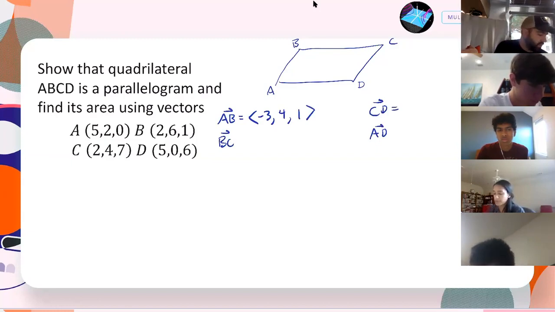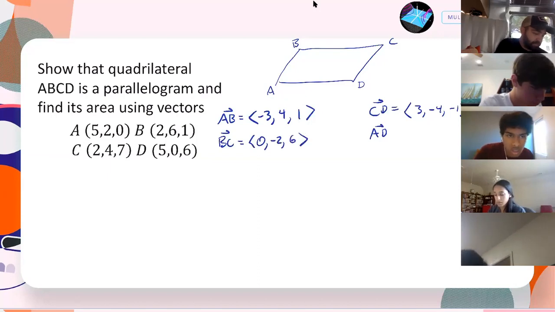CD, I'll do 5 minus 2 is 3. 0 minus 4 is -4. 6 minus 7 is -1. BC, I'll do 2 minus 2 is 0. 4 minus 6 is -2. 7 minus 1 is 6. And then AD, 5 minus 5 is 0. 0 minus 2 is -2.